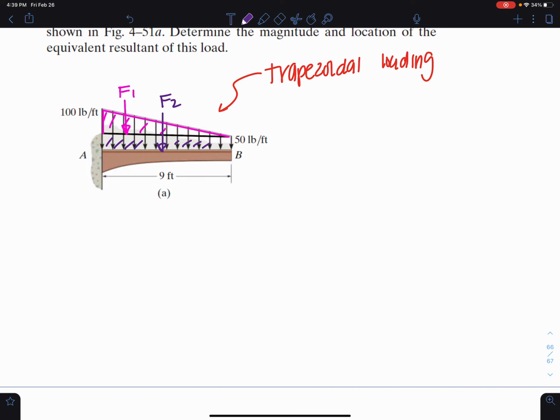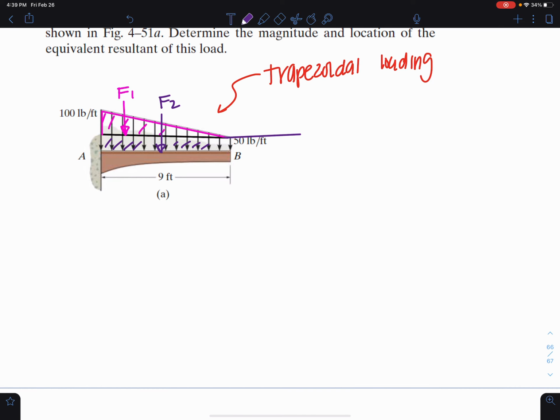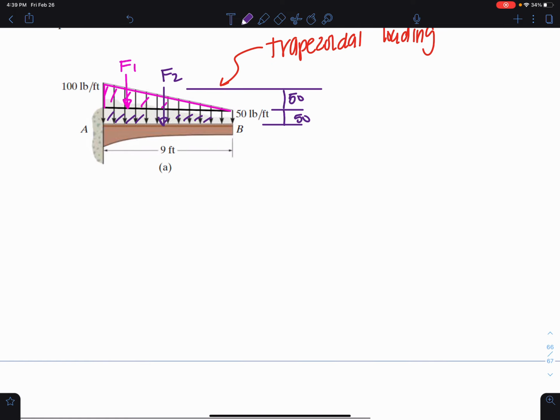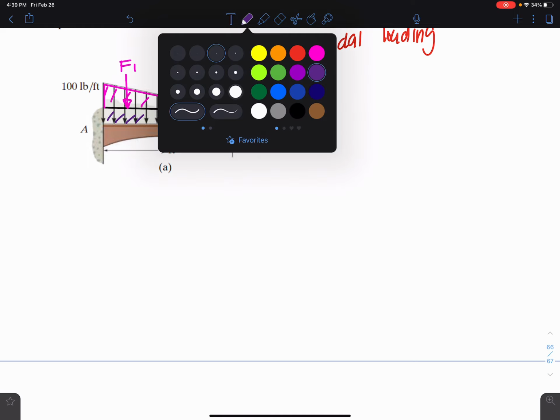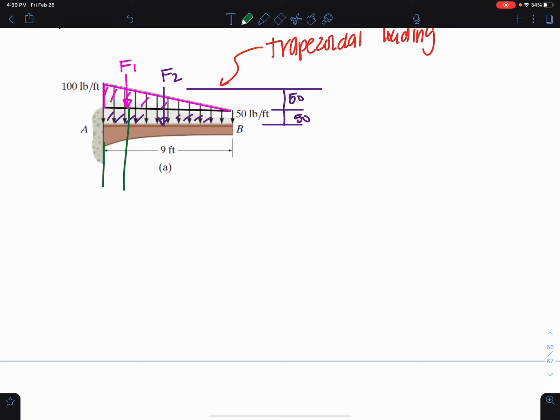I know that from here to here is the 50, and then from here to the top is my other 50 because it goes to 100. I'm basically breaking this up into really easy to solve for shapes. And what I want to know is, what is this distance that I'll call x1, and what is this distance that I'm going to call x2?